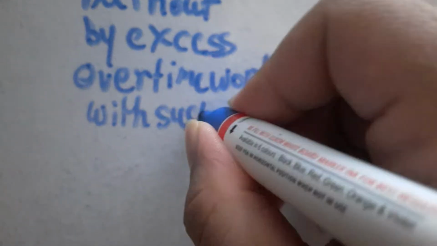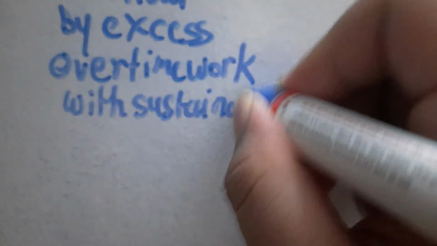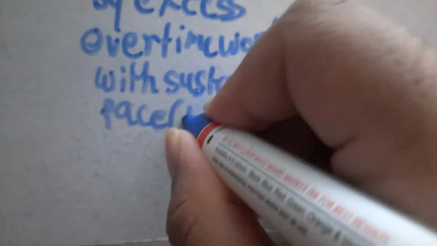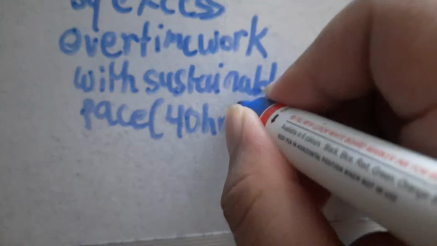This is seen as a planning flaw. Overtime work with sustainable pace, which is 40 hours per week.